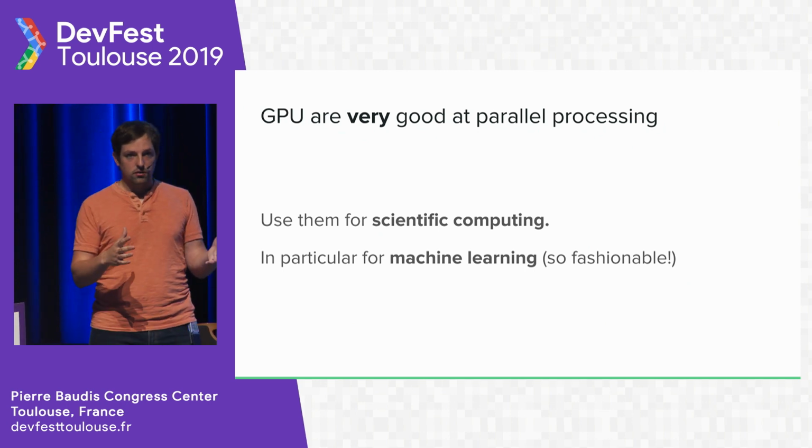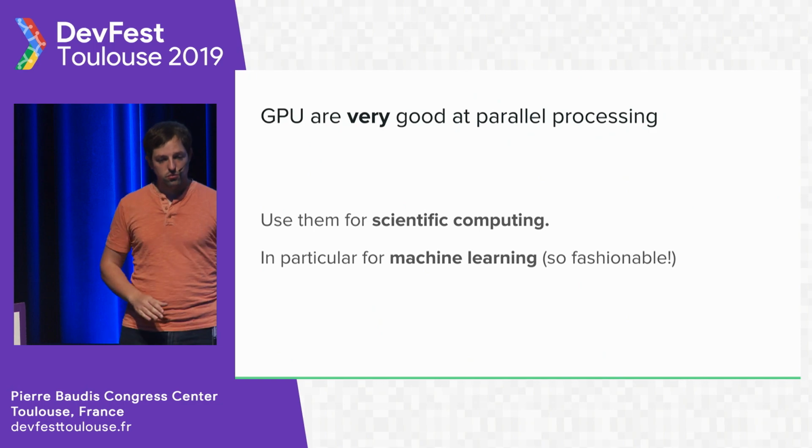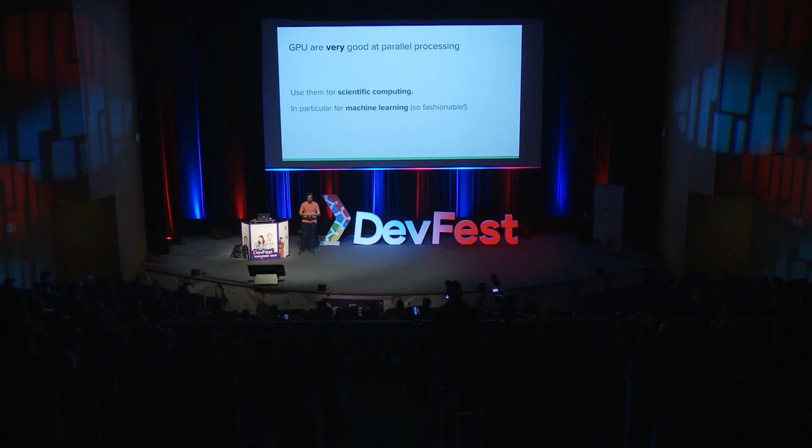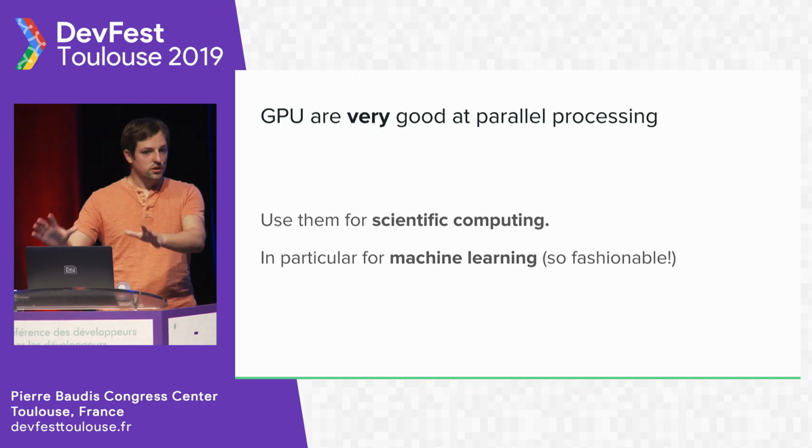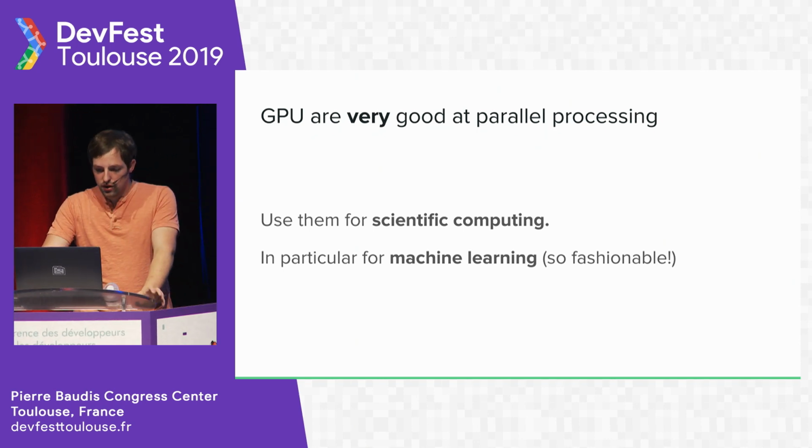And then the scientific community started using it for, I don't know, fluid simulation, things like this. But it turns out there's a class of scientific computing that's really interesting these days. It's machine learning. And GPUs are really, really good at training machine learning models. So this is the really fashionable side of GPUs today.